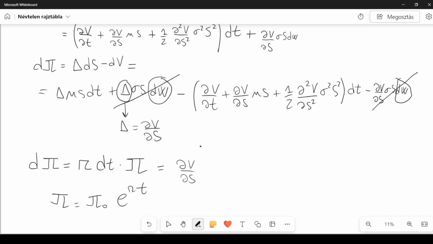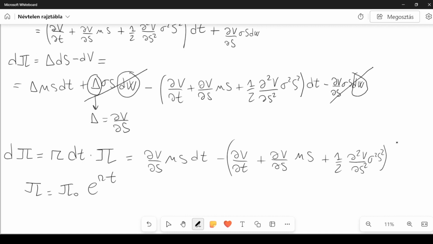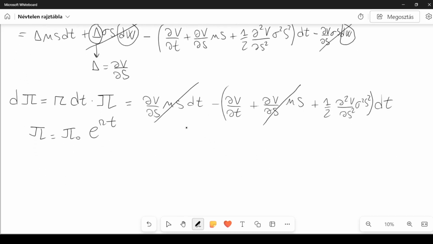So delta is dv over ds mu s dt minus dv over dt plus dv over ds mu s plus 1/2 d squared v over ds squared sigma squared s squared, and this also multiplies dt. And you can see, by the way, that we also have another term here and here that will cancel. So we can write the equation by simplifying by dt.